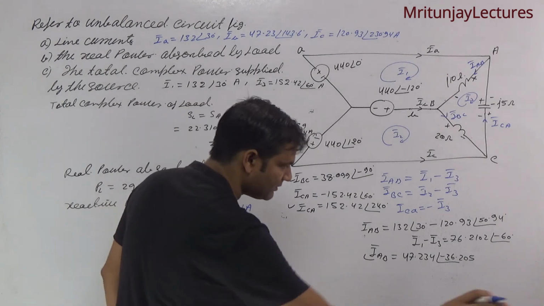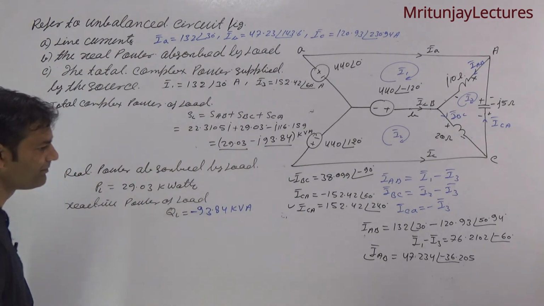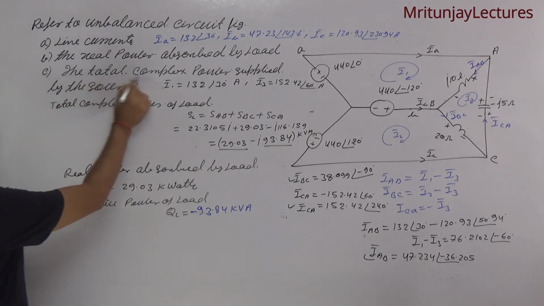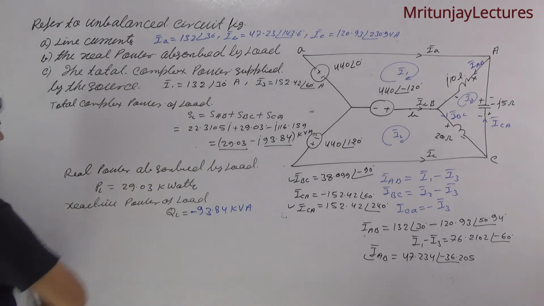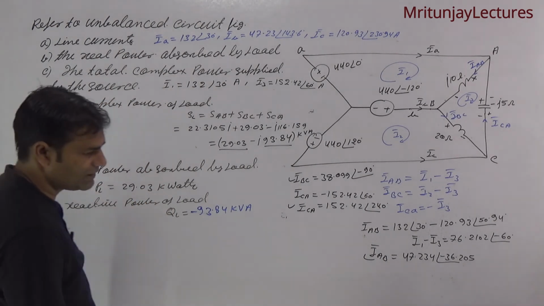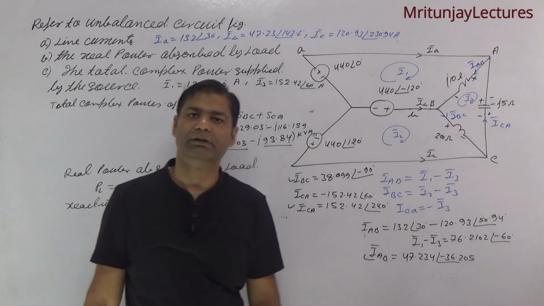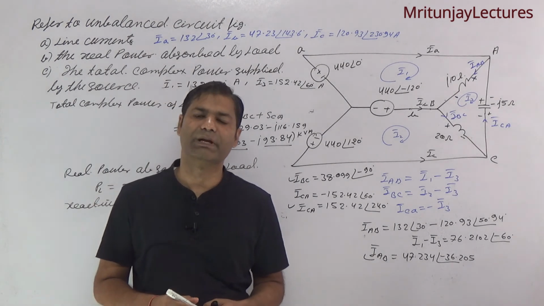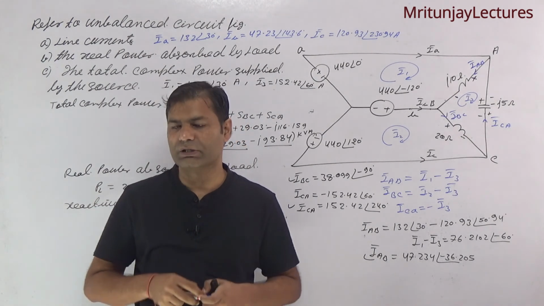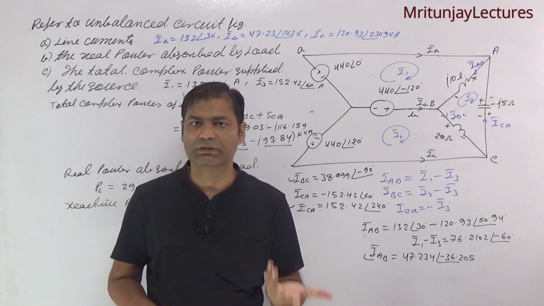Now, first of all make it. After that, our next target is the total complex power supplied by source. Total complex power supplied by source. Clear? Total power supplied by source is equal to total power absorbed by load.